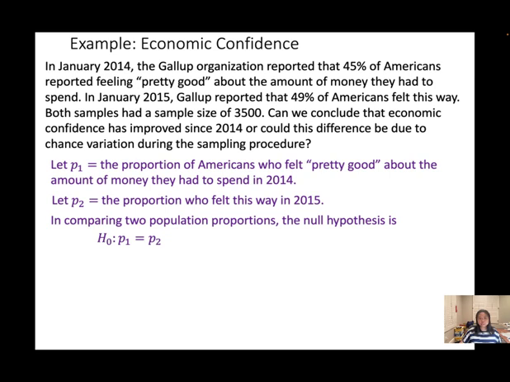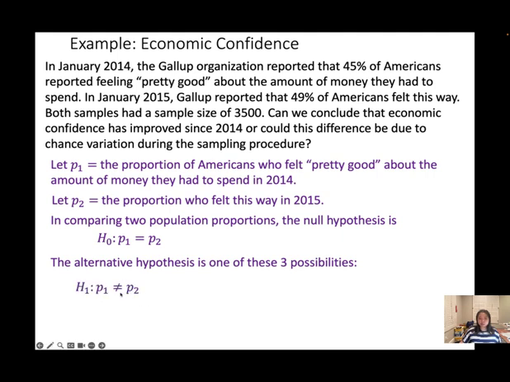How about the alternate hypothesis? For the alternate hypothesis, you can have p1 not equal to p2, p1 strictly less than p2, or p1 strictly greater than p2. Same idea: when you have not equal to, you have a two tail. Strictly less than is a left tail. Strictly greater than is a right tail.